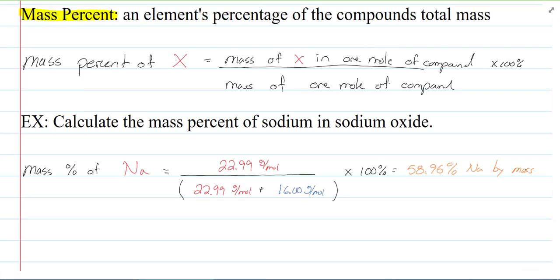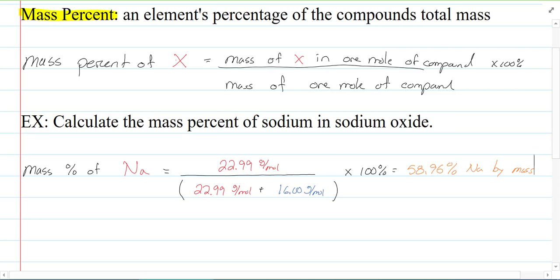There is a problem. In class, I would usually stop right now and say, this answer is wrong. Why is this answer wrong? What did we miss? Well, we did the cardinal sin: we did not write out the chemical formula.